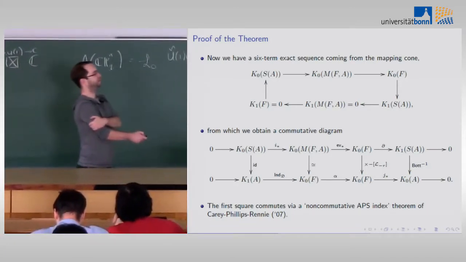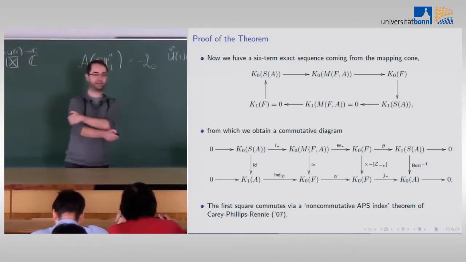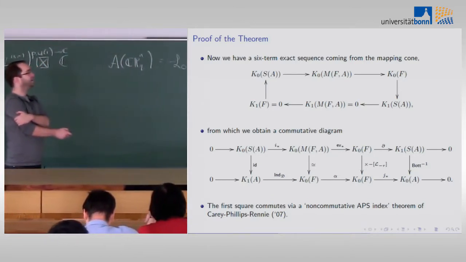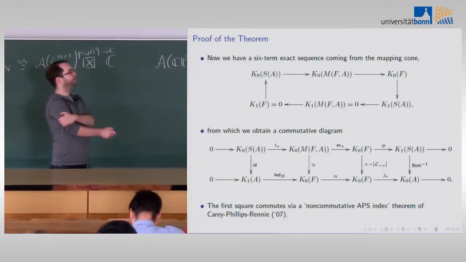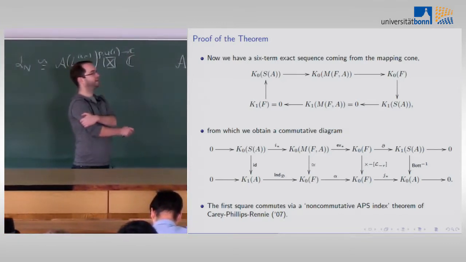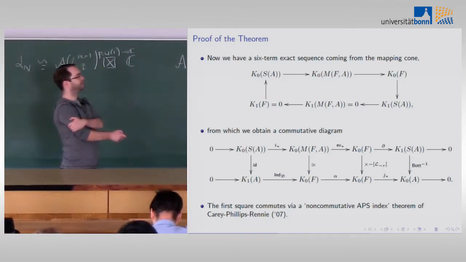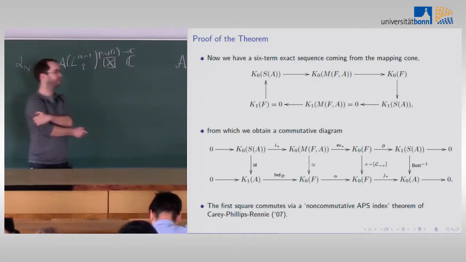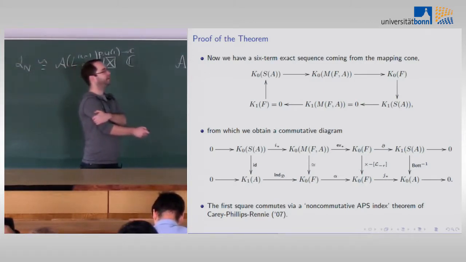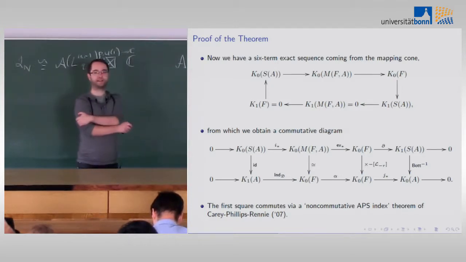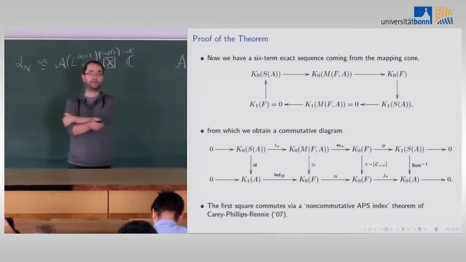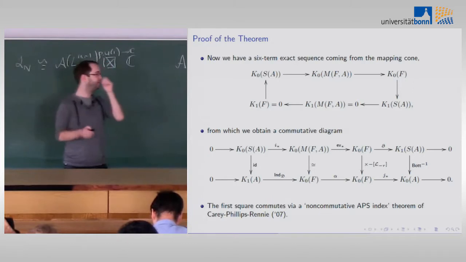So this is the bit where talking to people helps. What we can do is we can write down vertical maps. This is just the identity map. To me, K0 of SA is by definition the K1 of A. Again, because F and A are graph C-star algebras with nice graphs, they have nice properties, there's no crazy stuff going on.